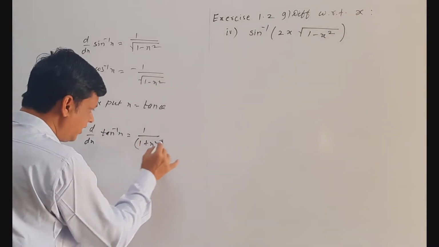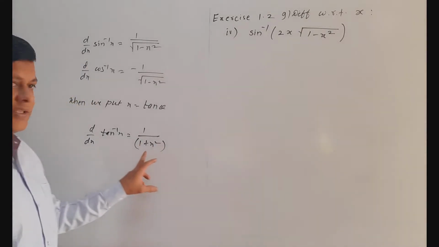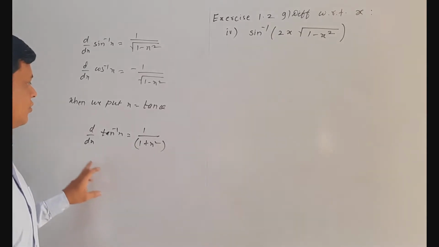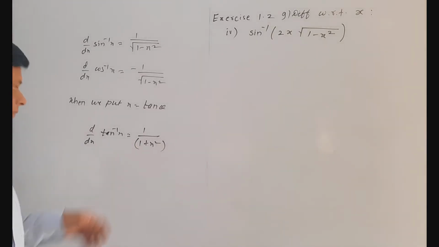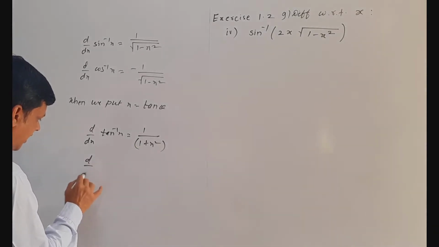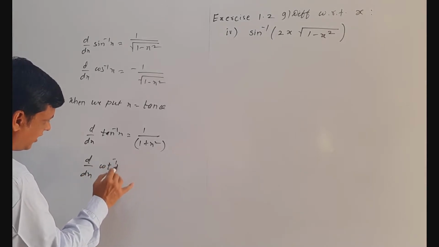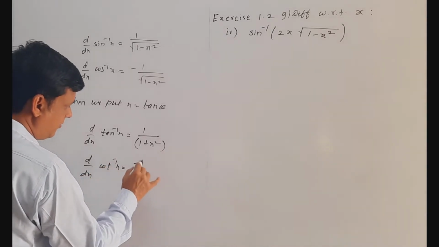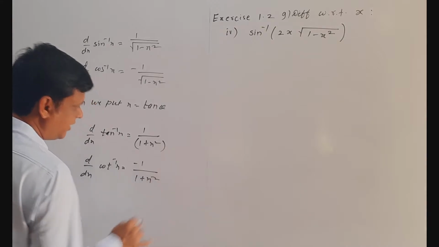That means when we see 1 plus x square in an example, then we substitute x is equals to tan theta. Similarly, d by dx of cot inverse x is equals to minus 1 upon 1 plus x square.